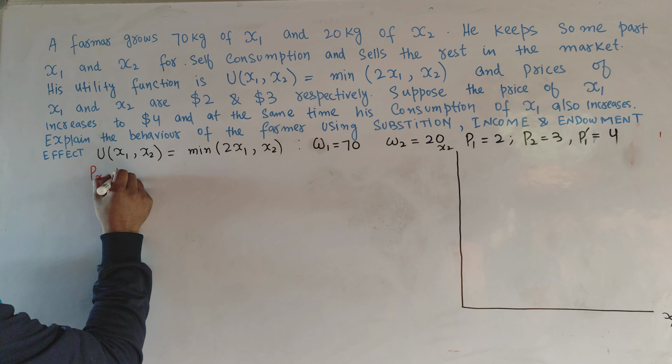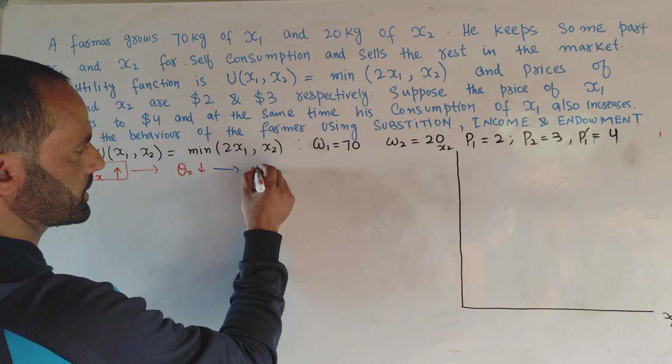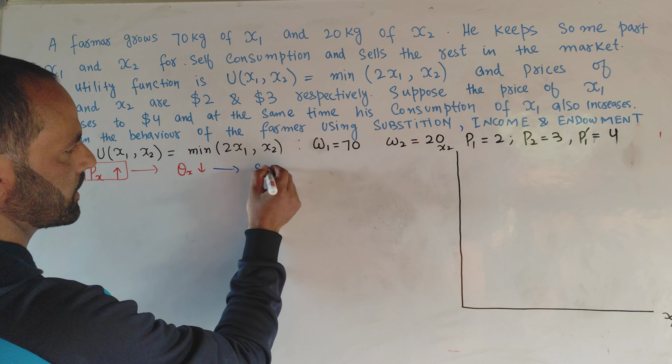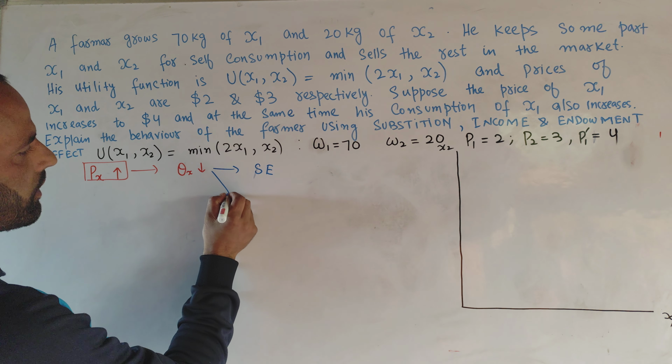That means the quantity of that good will decrease in normal cases. The decrease in the quantity demanded when the price has increased is because of two factors. One is what we call the substitution effect, and another is what we call the income effect.